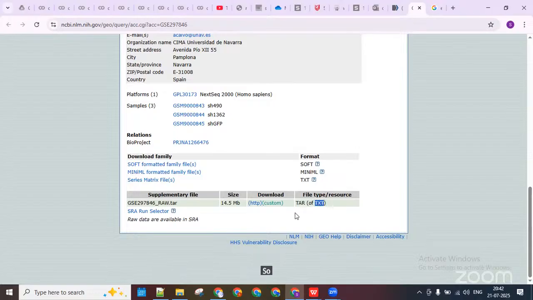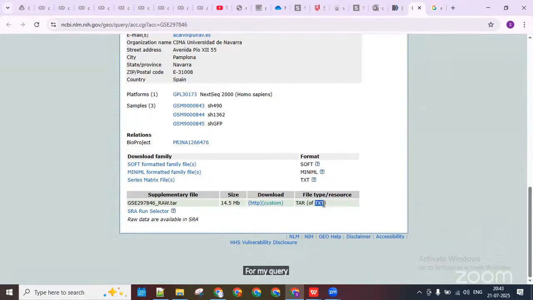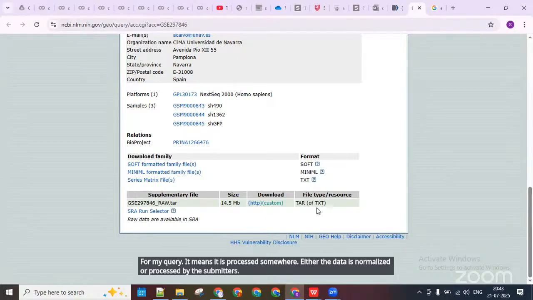Whenever we start analysis, we always prefer to have the raw file, raw data only, because if there is a text file for microarray, it means it is processed somewhere. Either the data is normalized or processed by the submitters who have submitted this data.